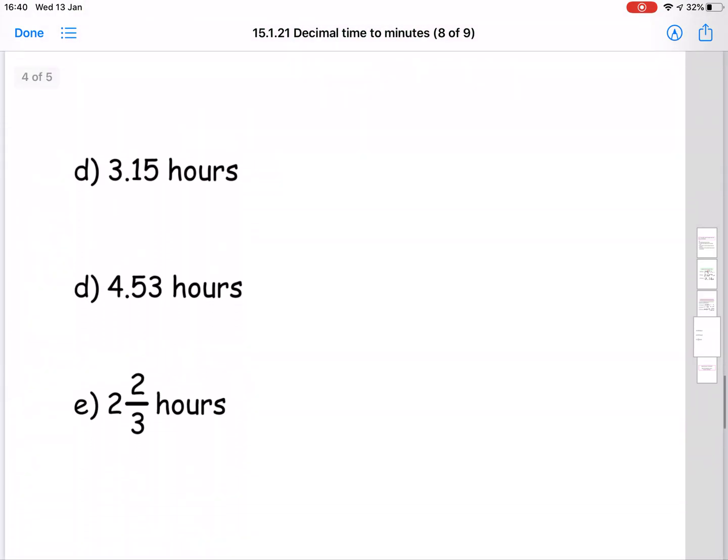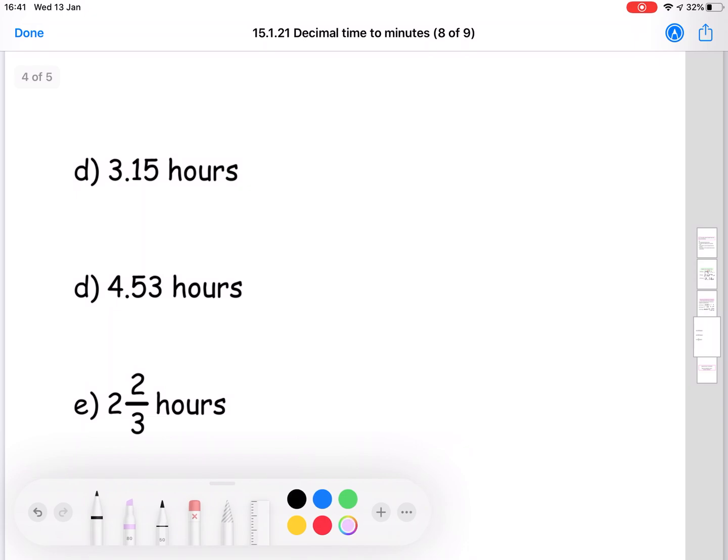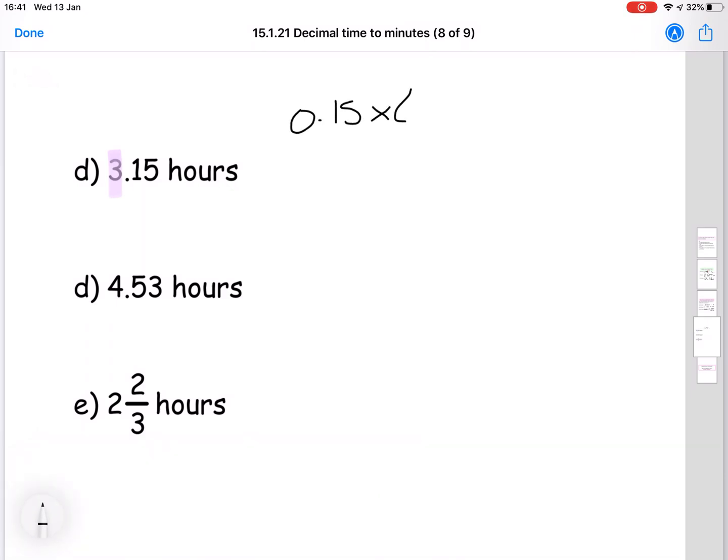A couple more examples here. We now have questions where we have a full number of hours and then our decimal part of the hour. So 3.15 hours. Like we did in the previous lesson, the full number of hours is going to stay as it is. That 3 is going to stay exactly as it is, and it's just the 0.15 that we're going to change into a number of minutes. So 0.15 times 60.